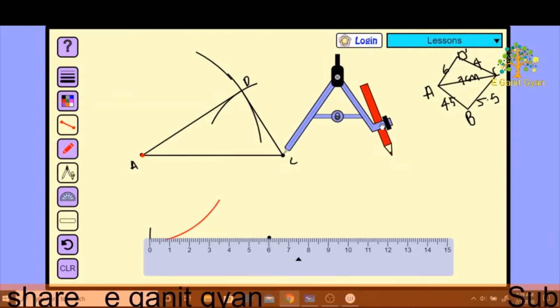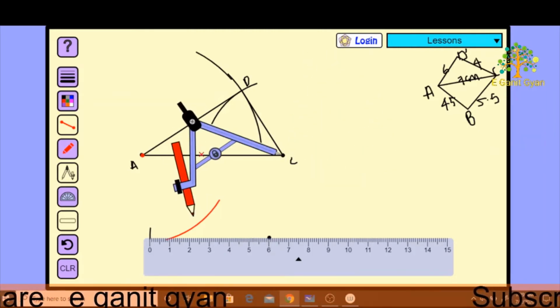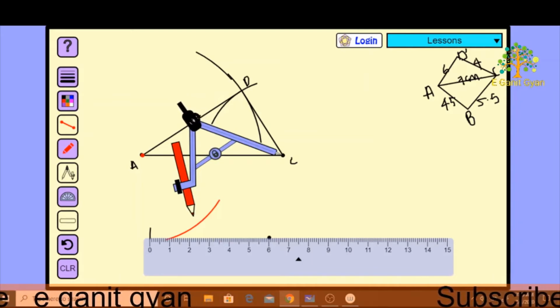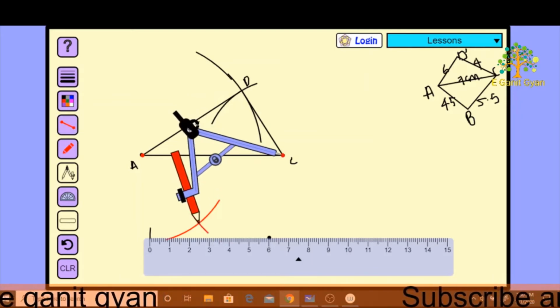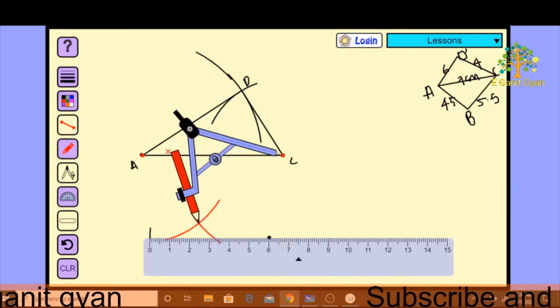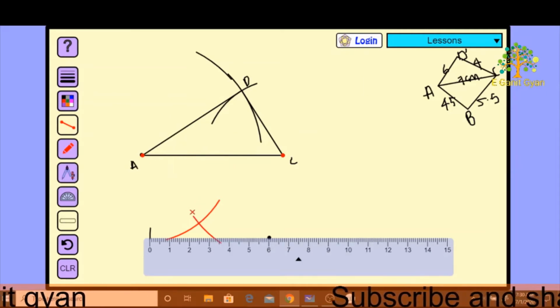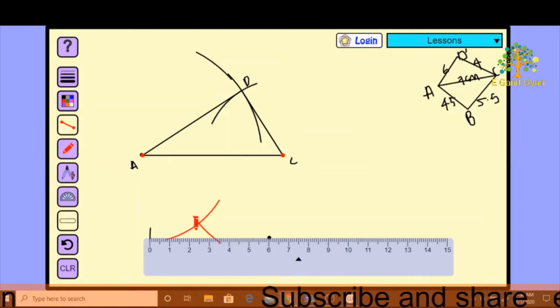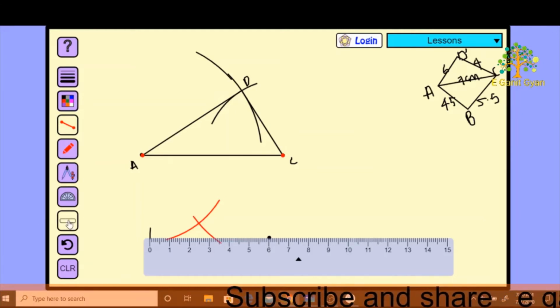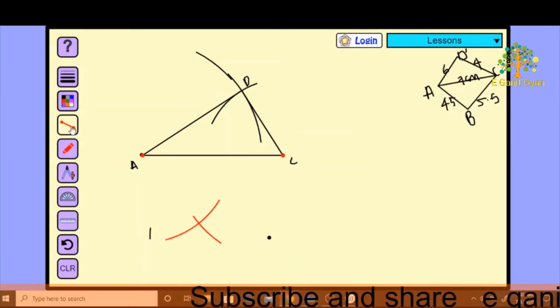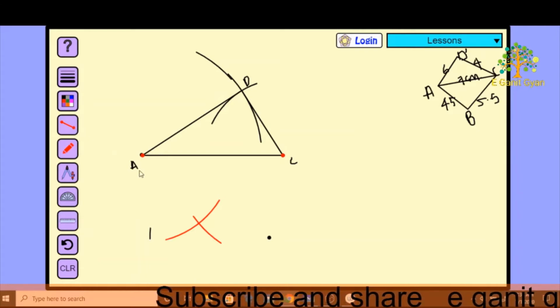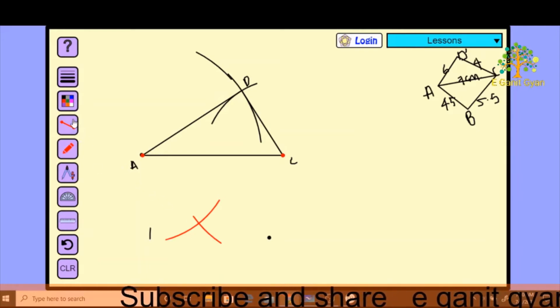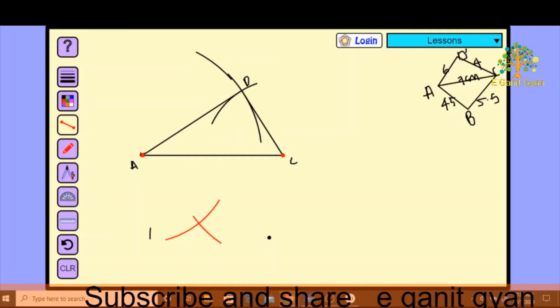I will intersect the previous arc so that I can get location B very easily. Then I will join this with the help of my line segment.